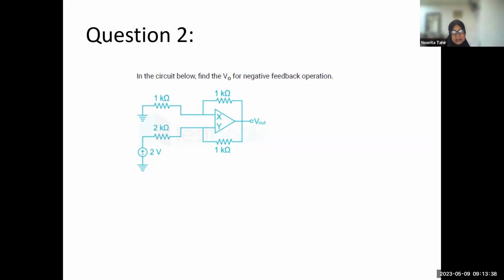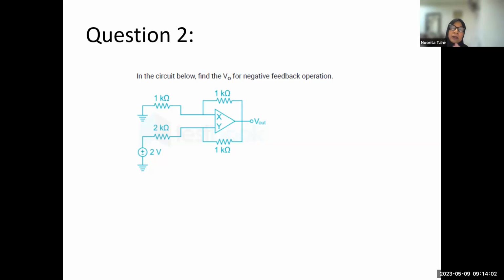The question says, in the circuit below, find the output voltage for negative feedback operation. Negative feedback operation means the op-amp functions as an inverting amplifier. How do we know which terminal is the inverting input?